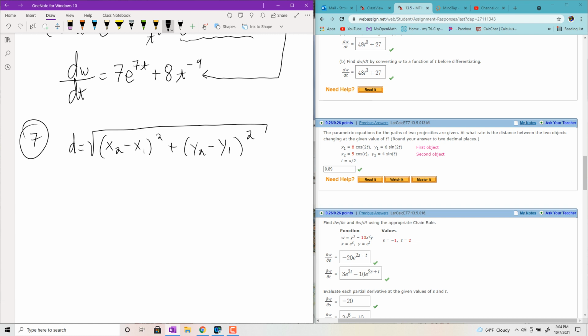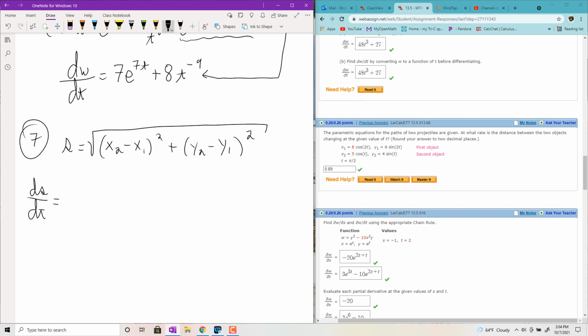So to get the derivative, let's not call it d, let's call it s. To get its derivative, the derivative of s with respect to t, which is what we want because they're asking for the rate the distance between the 2 objects is changing. So the derivative of s is the rate of change of the distance.